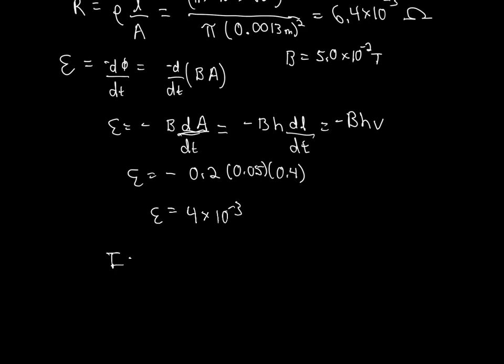So I is the EMF over the resistance, 4 times 10 to the negative 3 divided by 6.4 times 10 to the negative 3, to get 0.63 amps.